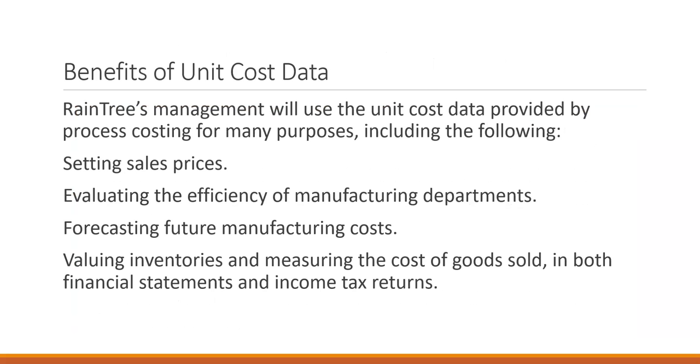When we use this process costing data, we're going to use it to set our sales prices, to evaluate the efficiency of our processes and our departments, to forecast what our future manufacturing costs might be, and to value our inventories and measure our cost of goods sold on our financial statements and our income tax returns.